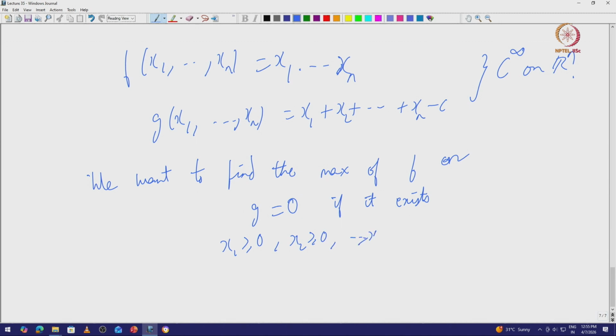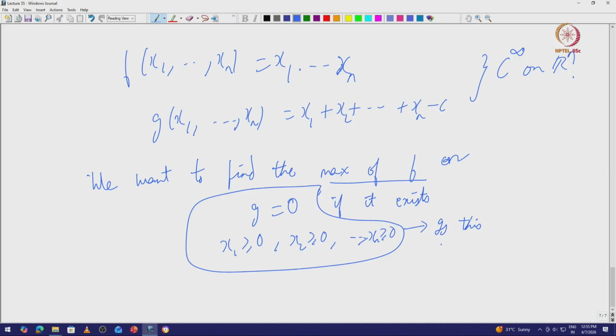So we are looking at this set and we want to find the maximum possible value of f if it exists. So first of all, is this set a compact set? Otherwise the maximum need not even exist. It may exist, it may not exist. So is this compact? That's the first question.